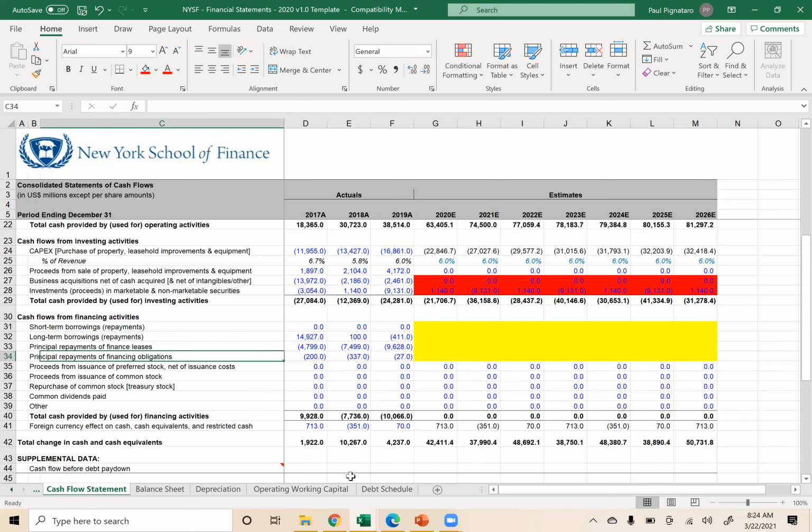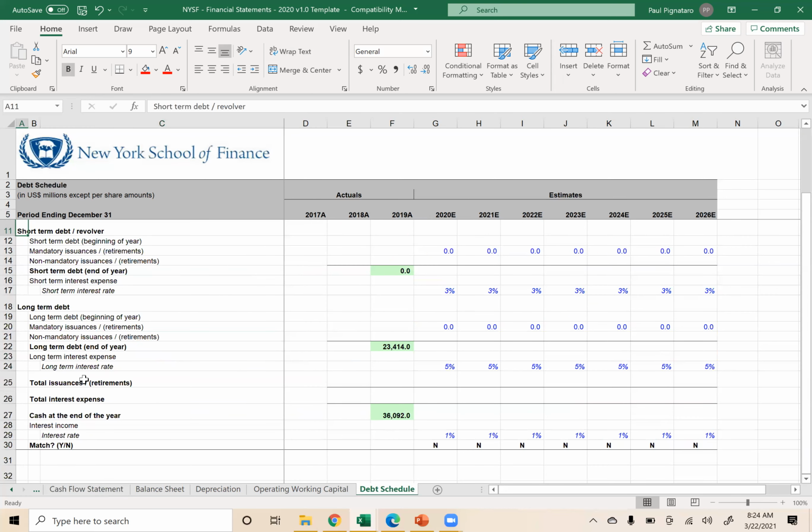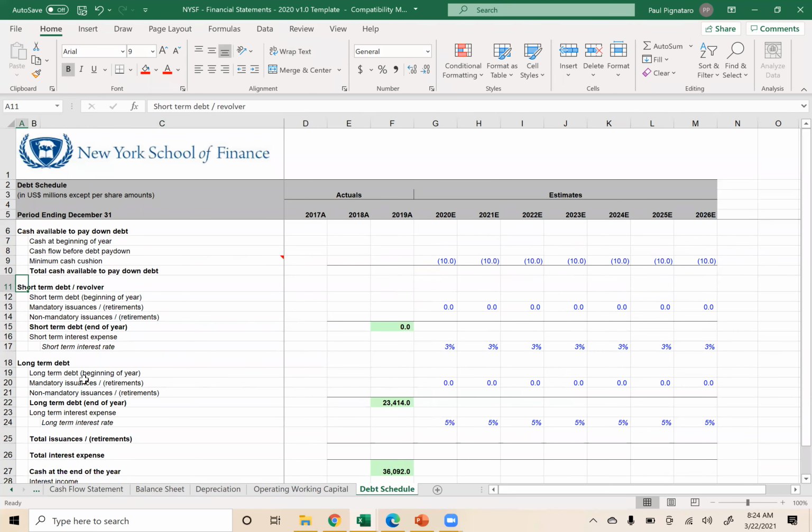So we'll do that in a second, but really there are 4 sections we want in the debt schedule, 1 for each line item reflected in the cash flow on the balance sheet, because we want everything to match. We want 1 debt line item for the debt schedule to go into the cash flow, to go into the balance sheet and flow through. We don't want 4 here, 3 there, 2 there, even though they have that in their model. No, in modeling, we want to be completely explicit.